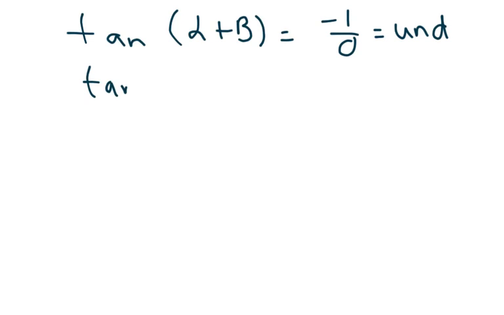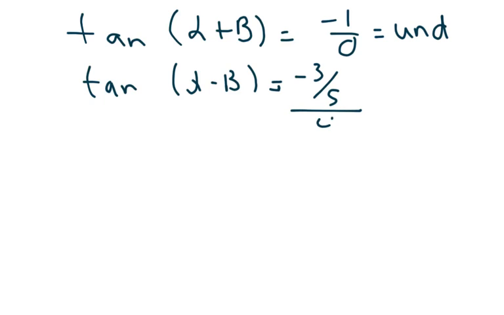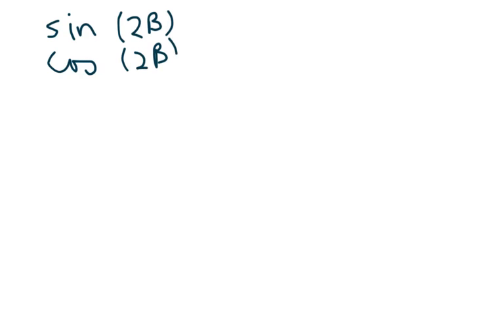And tan of alpha minus beta equals negative 3/5 over 4/5, which equals negative 3/4. Okay. The next ones we're going to do are sine of 2 beta, cosine of 2 beta, and tan of 2 beta.